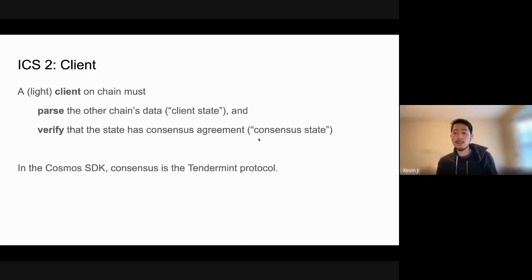If you are going to connect to a chain that doesn't use Tendermint, say Ethereum, then you would need to write logic that understands the signatures of the validators, maybe the structure of the Merkle tree that the data is stored in, and be able to verify that all those signatures were signed correctly, that they were as you expected, and that the data is actually present in the state.